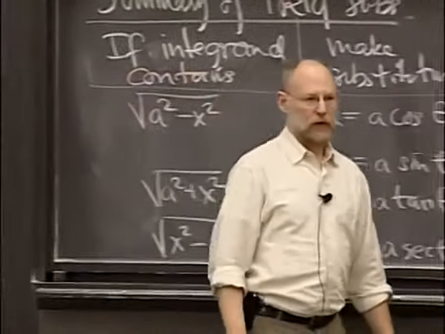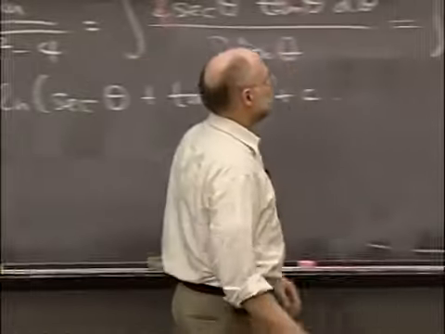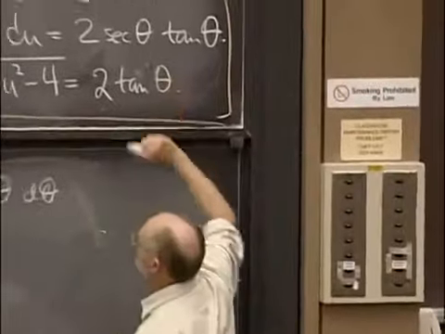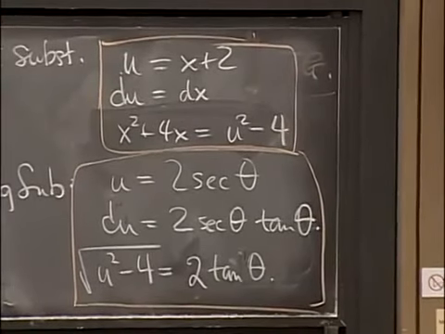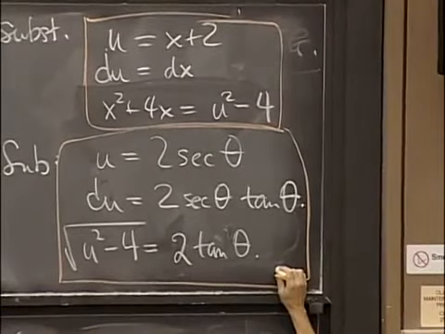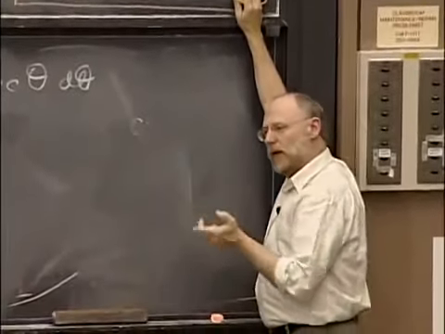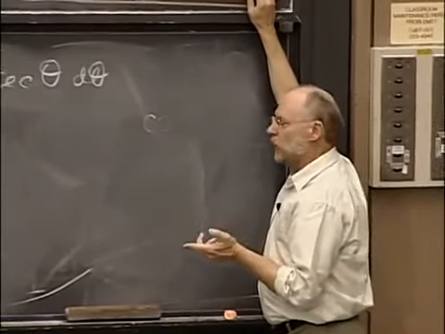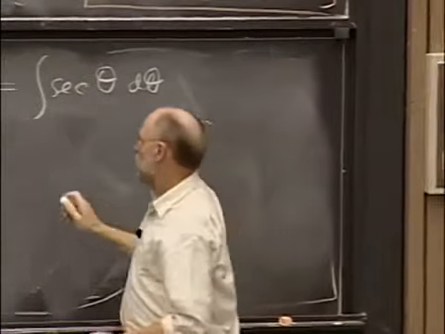There's no more integral there, but I still am not quite done with the problem because, again, I have these 2 substitutions to try to undo. So let's undo them one by one. I have this trig substitution here, and I could use my triangle trick if I need to, but maybe I don't need to. Do I know what the secant of theta is in terms of u? Well, I do.